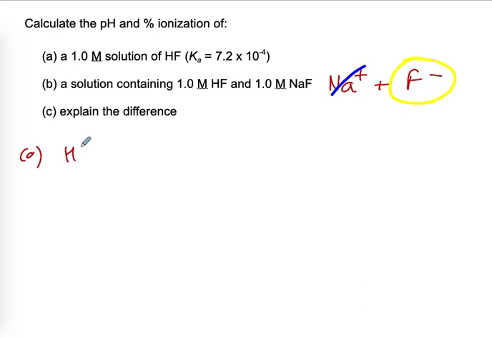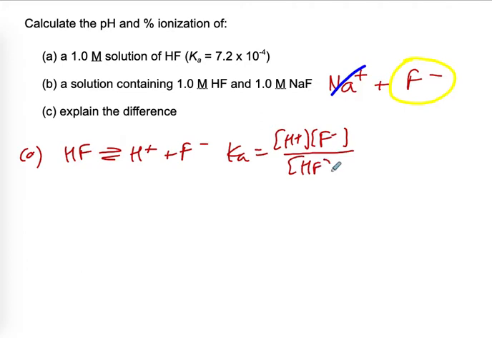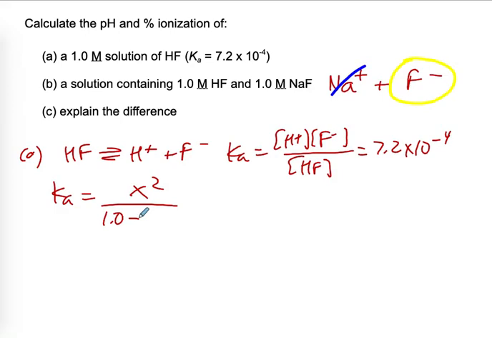So, HF is in equilibrium with H plus and F minus, for which I can write Ka as the product of the hydrogen ion concentration and the fluoride ion concentration over HF, which is 7.2 times 10 to the negative 4th. I'm going to skip the ICE table and just jump ahead to what we know we're going to do anyway, which is Ka equals x squared over 1.0 minus x equals 7.2 times 10 to the negative 4th.